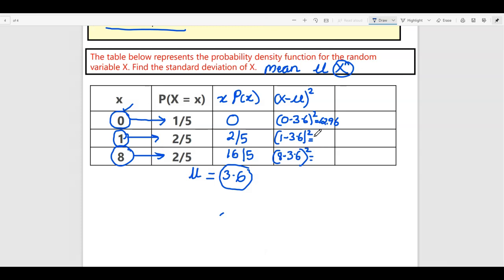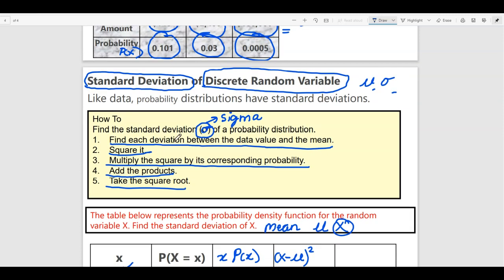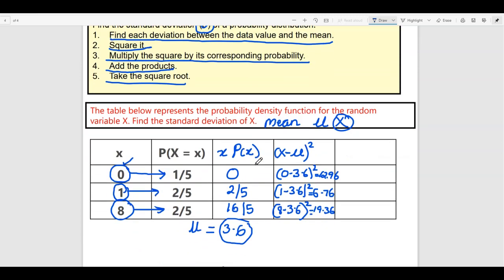So this was 12.96, 6.76, and the other one was 19.36. Now once this is done, what's my next step? I did find the deviation, that is the difference. I squared it, yes, and now multiply. The next step is to multiply the squares by their corresponding probabilities.